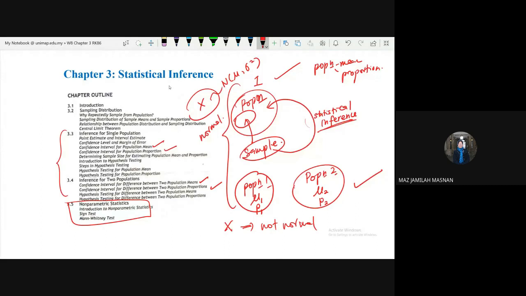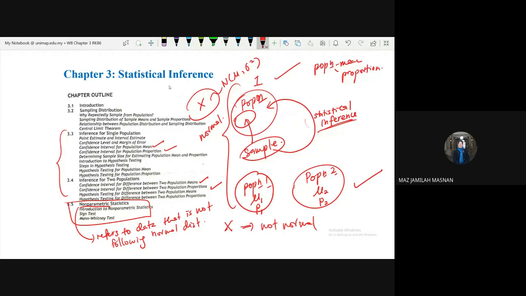So when you see the word non-parametric, it refers to data that is not following a normal distribution.